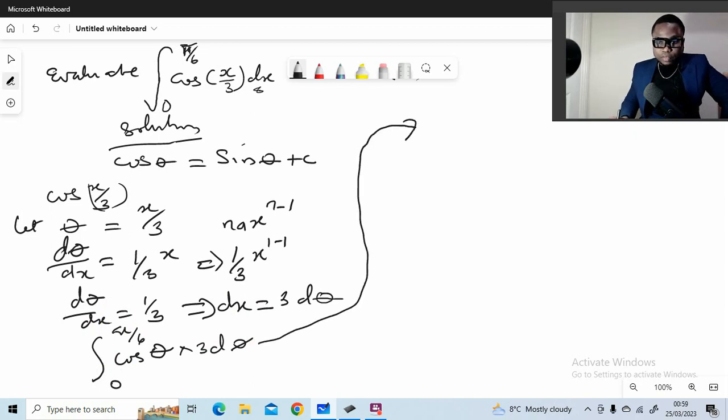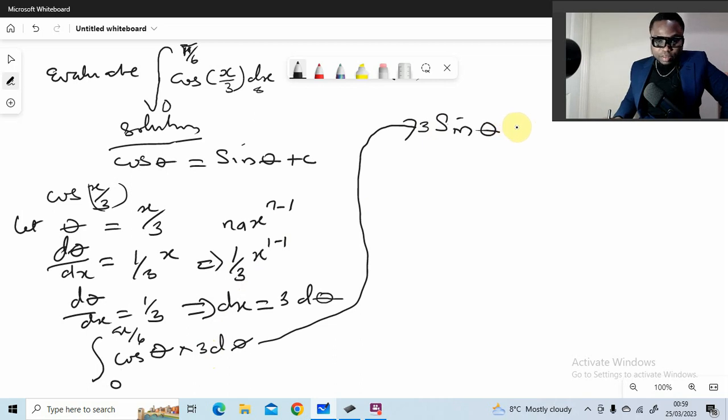I will integrate this, remembering that the integral of cos theta is sin theta plus c. Because I'm integrating cos theta with respect to theta, that will give me sin theta, but this 3 is going to multiply sin now.